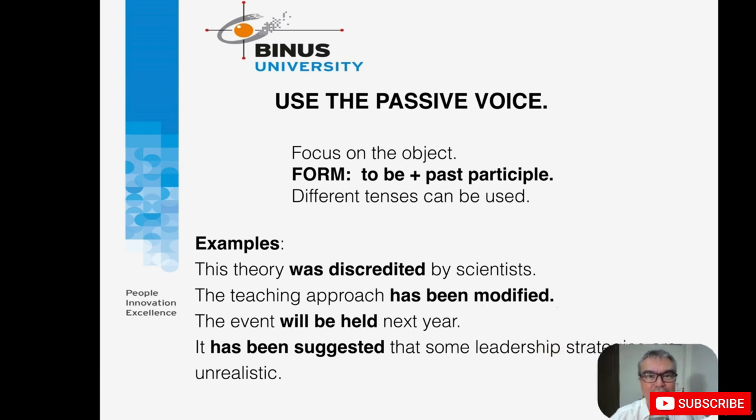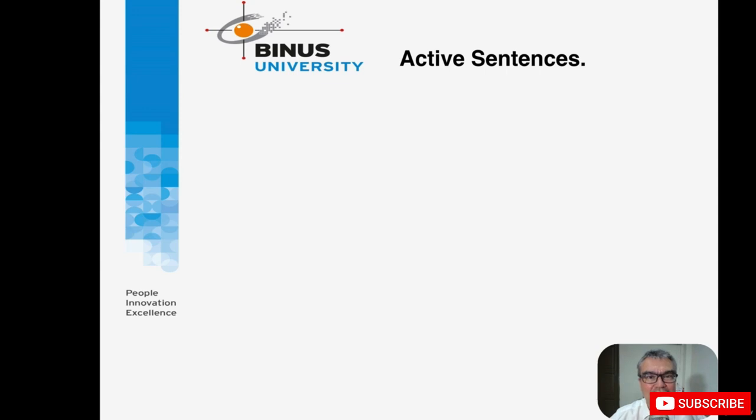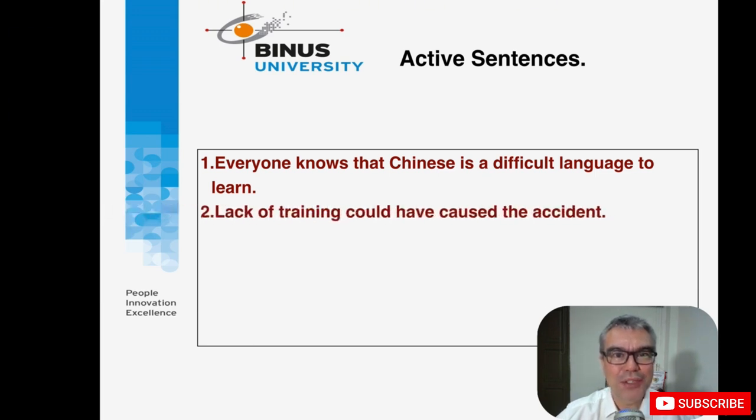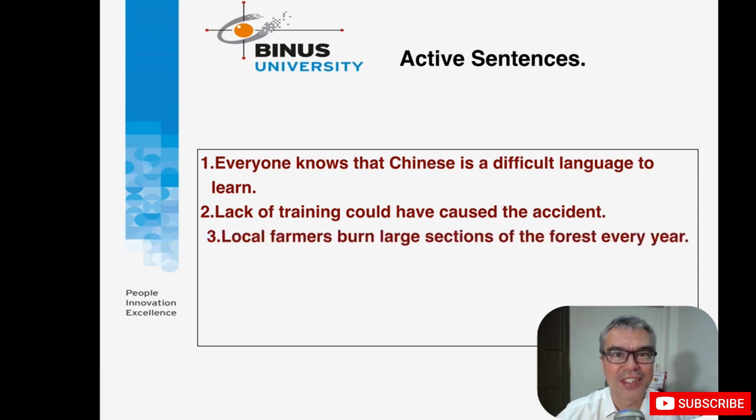As a comparison, let's look at some active sentences, and you can see how the focus changes. Number one. Everyone knows that Chinese is a difficult language to learn. Number two, lack of training could have caused the accident.